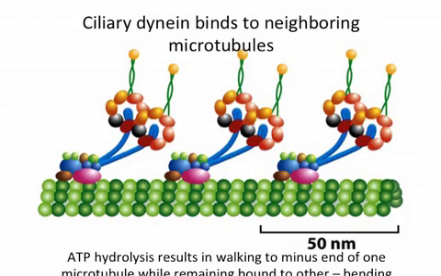So here's the head. This is the motor domain, right? And here's the tail, and this will be bound to another microtubule up here. And the ATP hydrolysis results in walking to the minus end of one microtubule while remaining bound to another, which results in the bending motion.